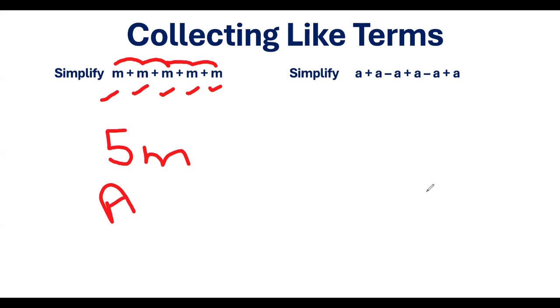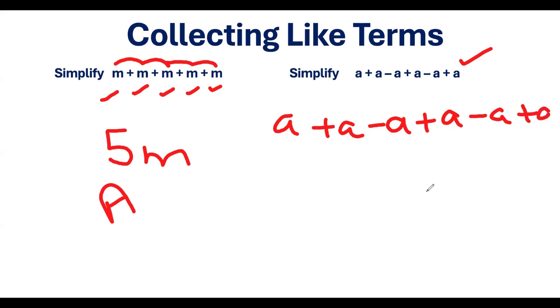What about next? Simplify. A plus A minus A plus A minus A plus A. Let's try to write over here. A plus A minus A plus A minus A plus A. They all are like terms because all are A's, right?